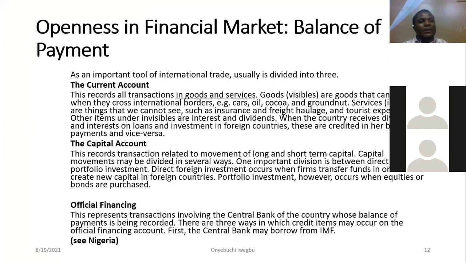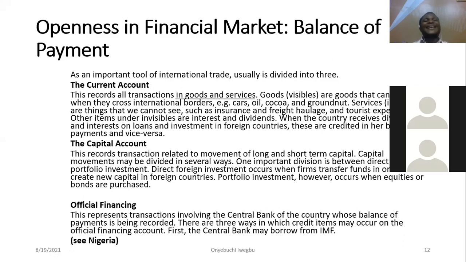All right. Now let's look at openness in financial markets. We will soon be through. Under openness in financial market, remember, I said in the financial market, we are looking at outflows of assets. Those assets can be what? Portfolios. Those assets can be what? Capital or fixed assets, capital.